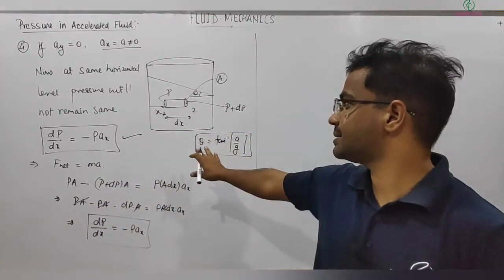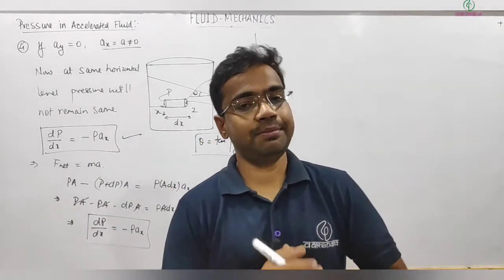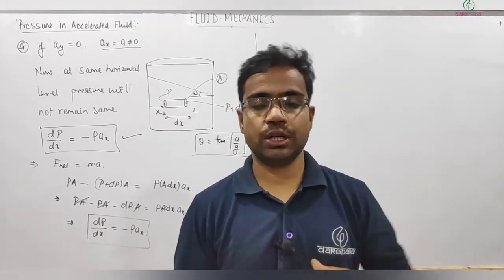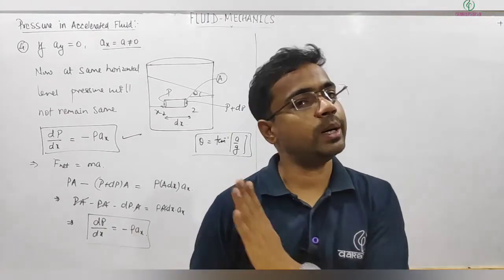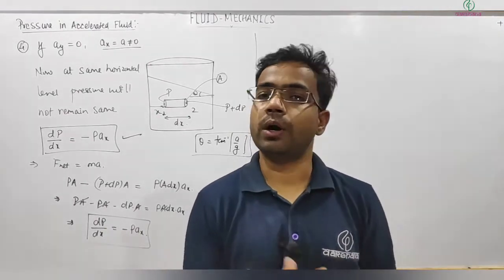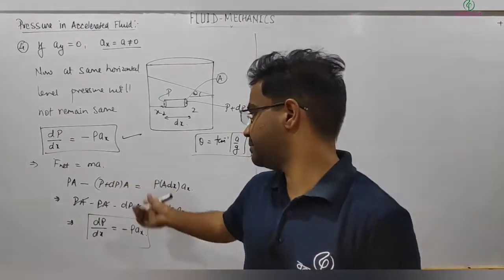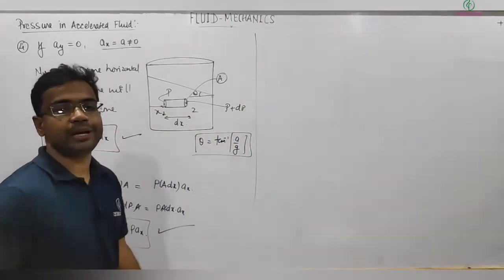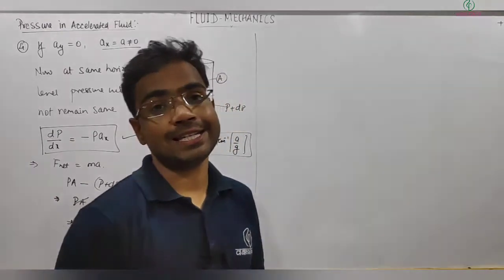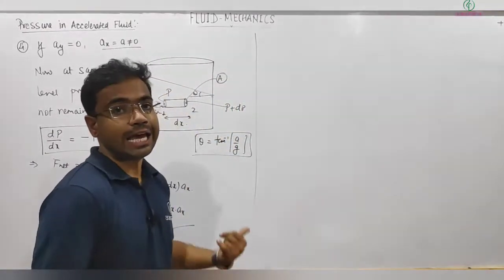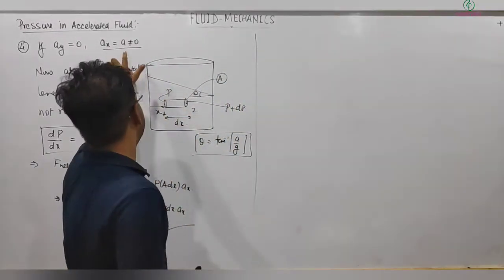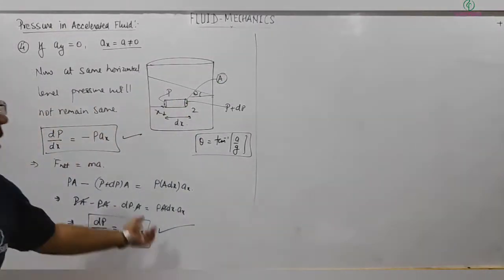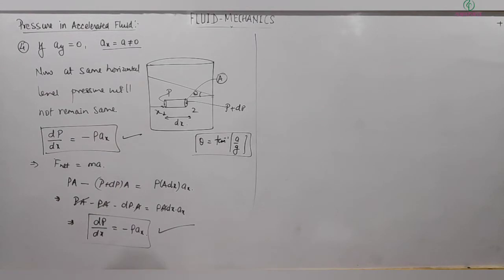By this you must be clear that even if the container is accelerating in any situation, upward, downward, horizontal, left, right, we should be able to answer what the pressure at any point is. This is your pressure variation in the x direction when acceleration in x direction is non-zero, right? So this is about pressure in accelerated fluid.